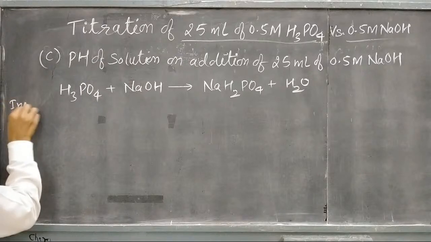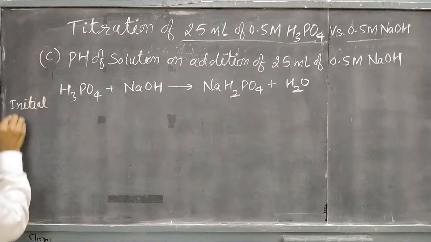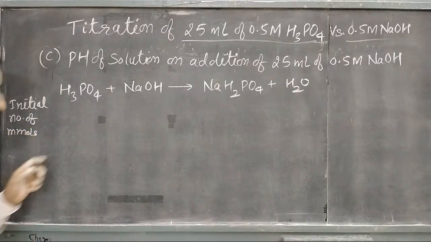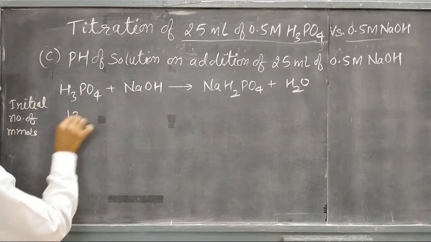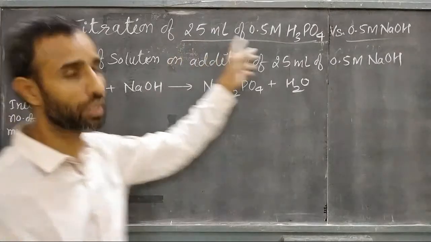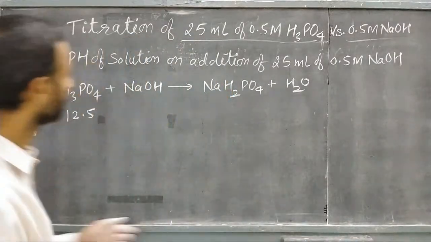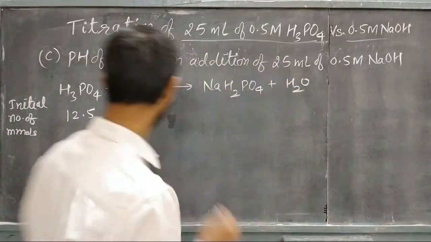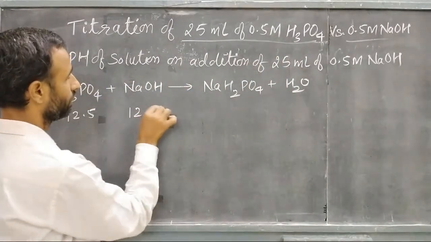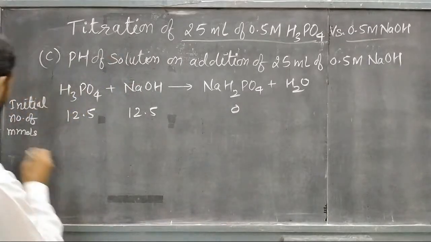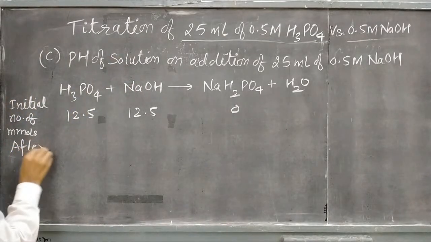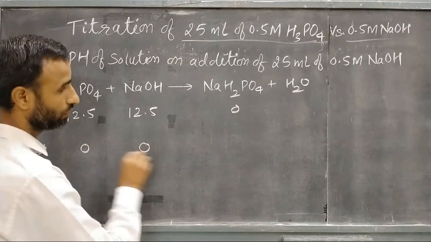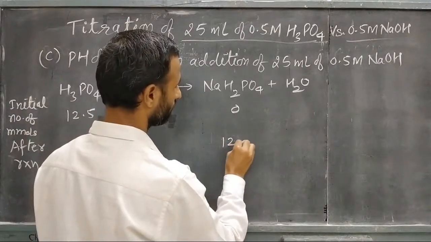Initial number of millimoles: again 12.5, because 25 into 0.5, that you all know. Sodium hydroxide, 25 into 0.5, is also 12.5. Initially the product is 0. Now after the reaction, the acid and base become 0, and the salt becomes 12.5.